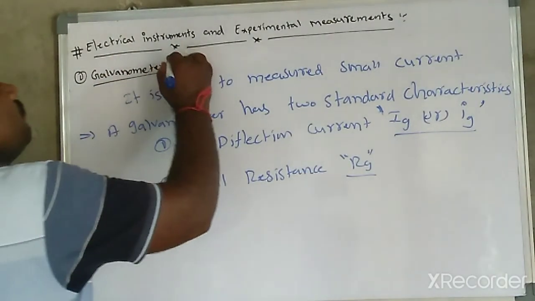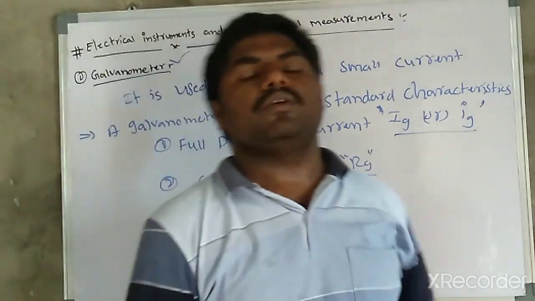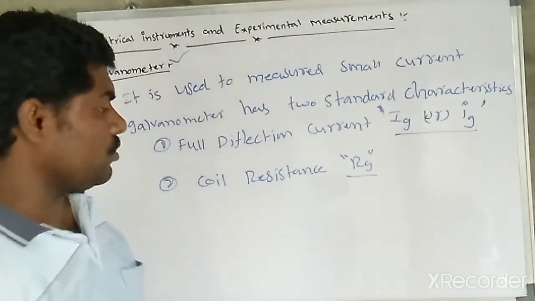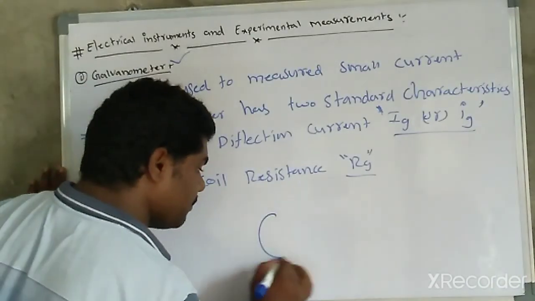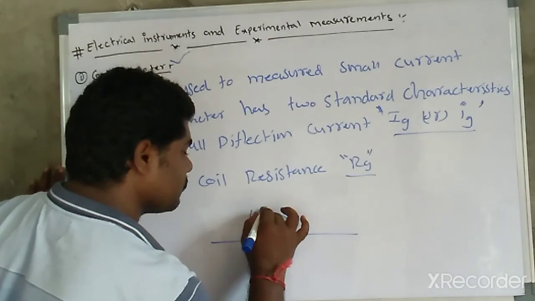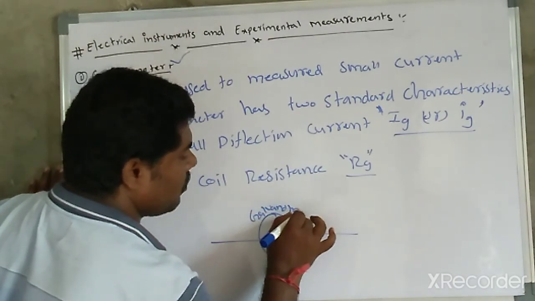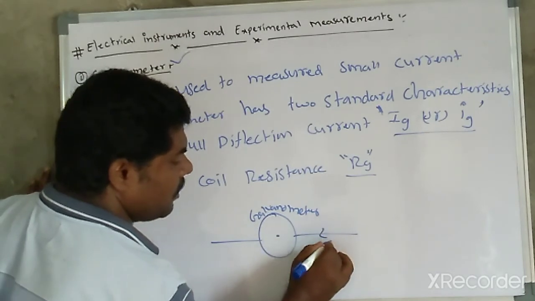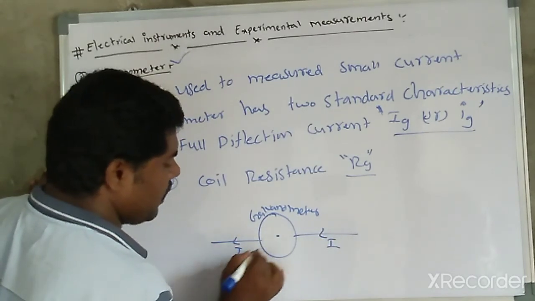Galvanometers are of two types: one is unipolar and another is bipolar. Let us consider this is a galvanometer. Let us consider the current passing like this. This is the current direction.